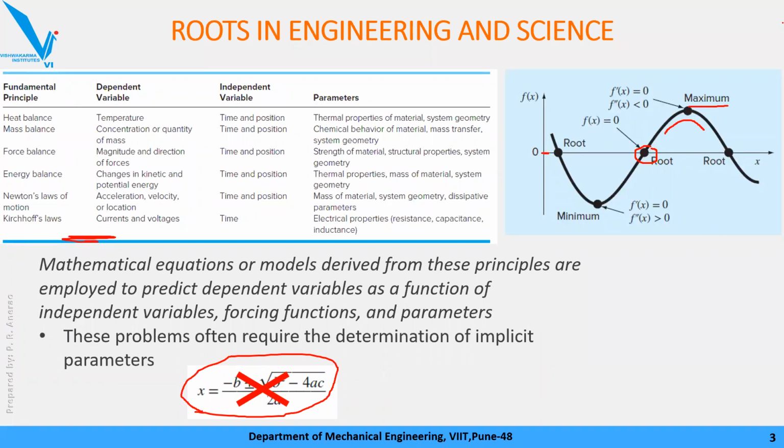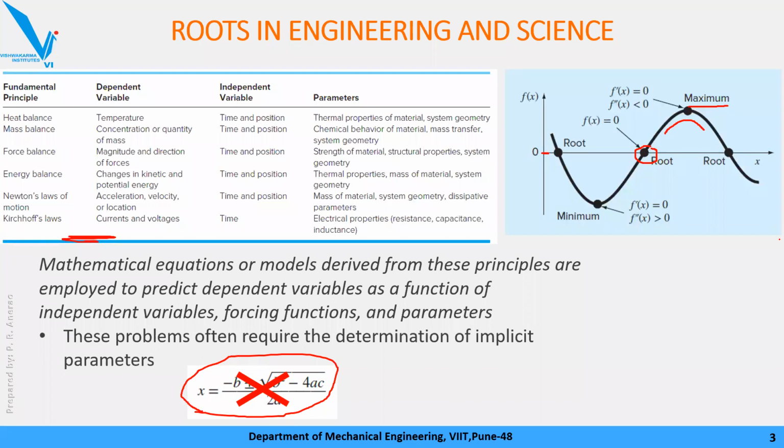For example, if we want to analyze cost, we try to minimize the cost, we try to maximize the profit, we try to minimize the time. We sometimes want to maximize the material removal rate, MRR. So these kinds of things are your optimization problems.